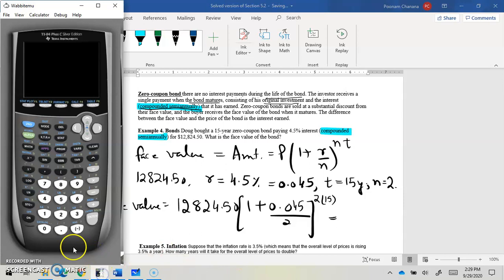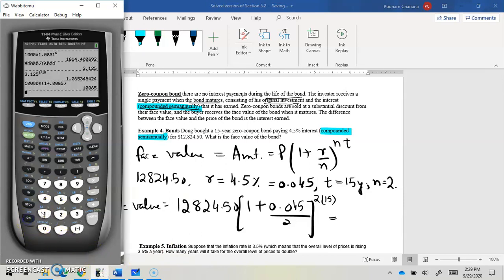So we can always use the calculator. Let's calculate the inside of the parenthesis first. 0.045 divided by 2, plus 1, raised to the power 30, times your present value.